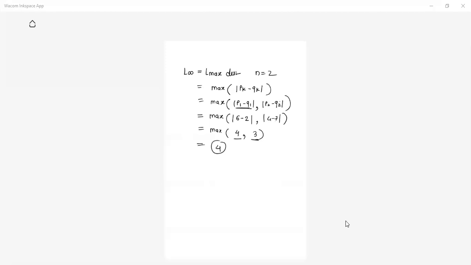As per the L infinity norm, the distance between objects P and Q is 4. To show the graphical representation: the distance between P and Q using the L1 norm is 7, using the L2 norm it is 5, and using the L infinity norm it is 4.